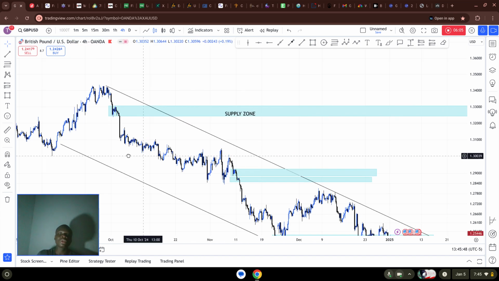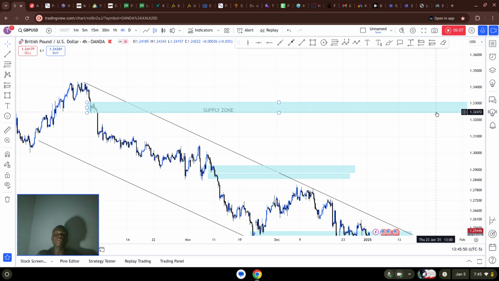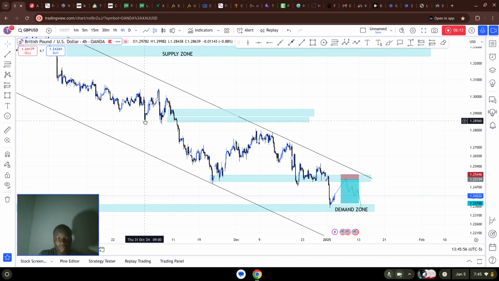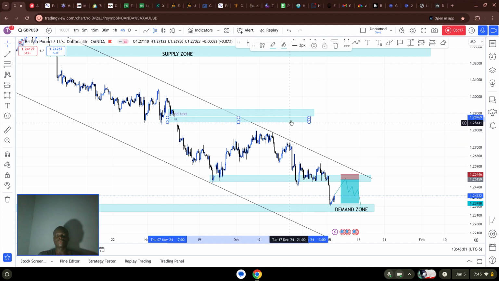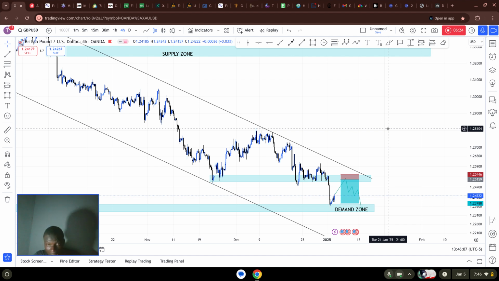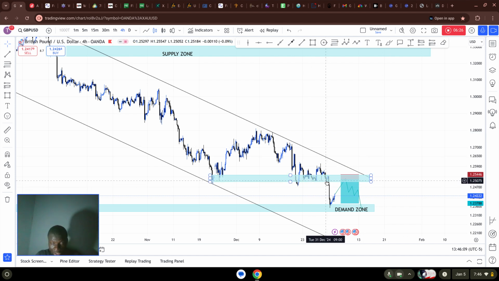We wait for the market to come back and touch this supply zone and we'll give our entry. So that's one. And also we have another supply zone here.